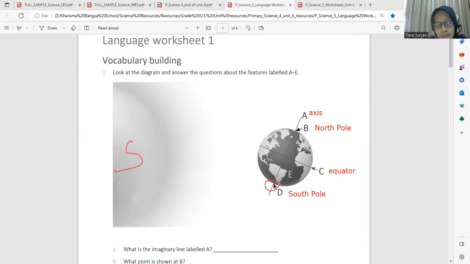Please remember that. If the South Pole, the southern hemisphere, is experiencing longer days, they are experiencing summer. So it's summer. Just remember the position of the sun.